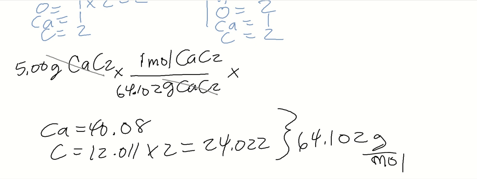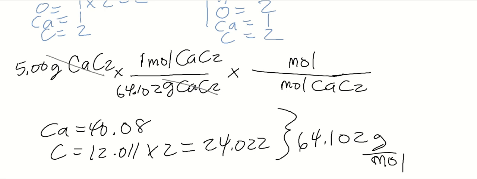Now let's convert to the substance using molar mass. So we need moles. This is where we get rid of the substance we're starting with, which is calcium carbide, and we end up with the substance the question is asking for, acetylene. So we need that on the other side. Notice these moles are going to cancel out.